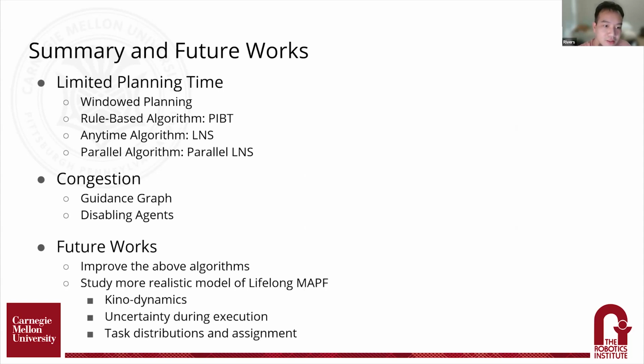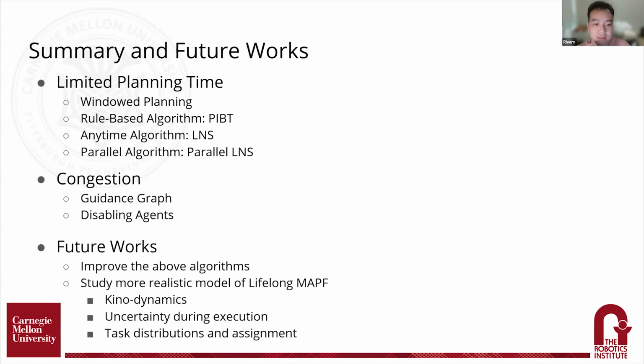And in terms of future work, of course, the first thing is we could improve the above algorithms. For example, recently the hot topic would be combining planning and learning. And another thing is that the guidance graph we use is an offline strategy, and we could probably update it online.